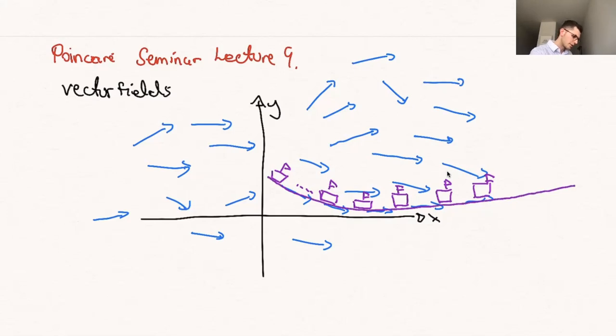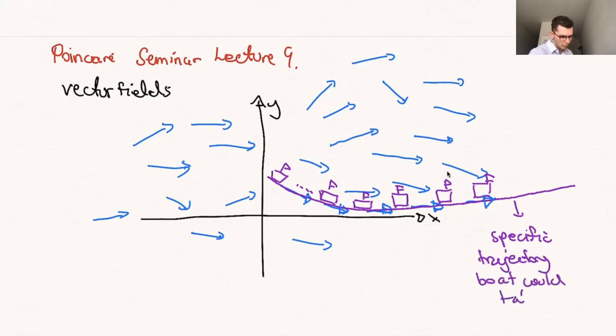So this would be a specific trajectory the boat could take. Is that making sense?